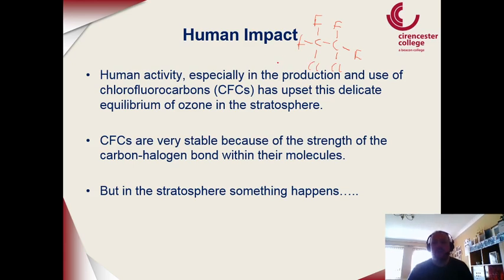So if this gets exposed to some light, if it gets up into the upper atmosphere, what will happen is this bond here will start breaking, and that will undergo some homolytic fission, making a chlorine radical. Now, chlorine radicals are not nice, and I'll show you why they're not nice later. But this chlorine radical can break down ozone, and it can do so catalytically.